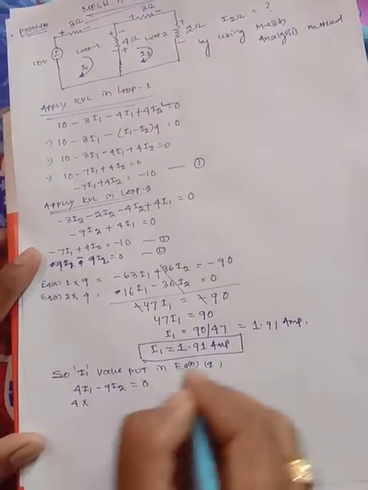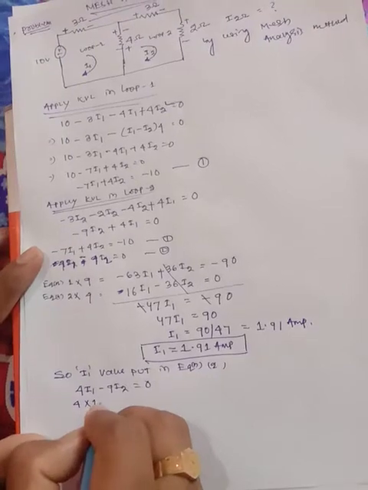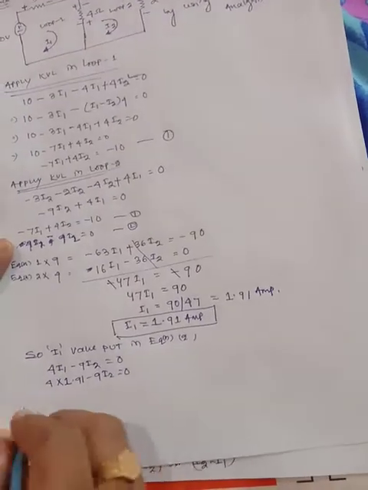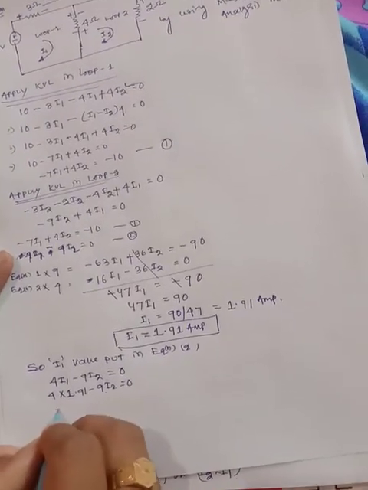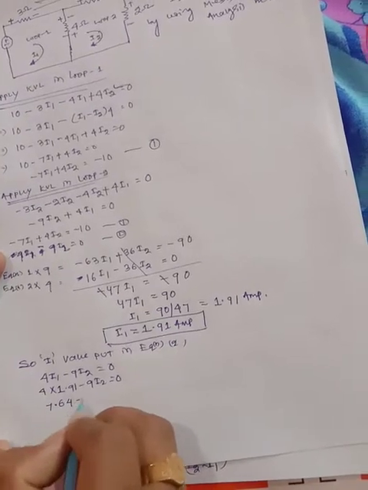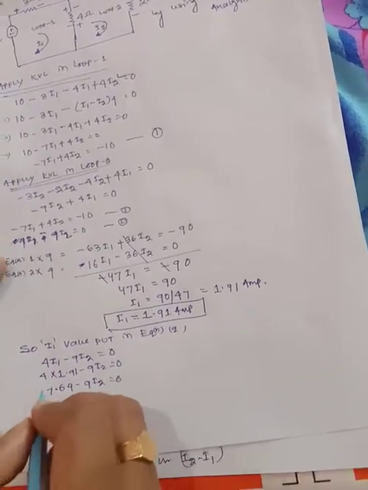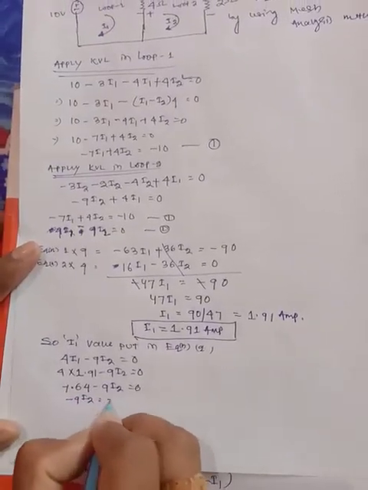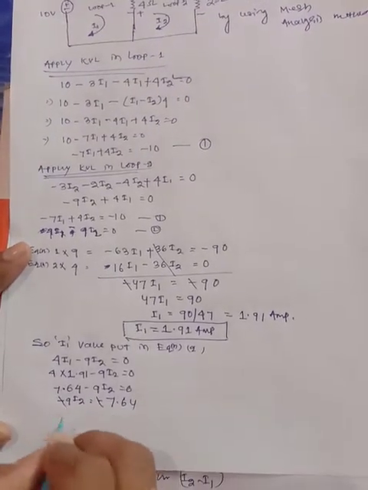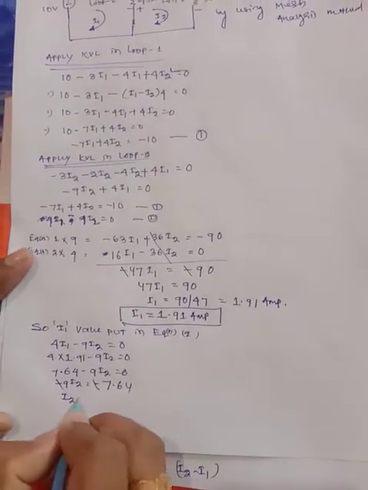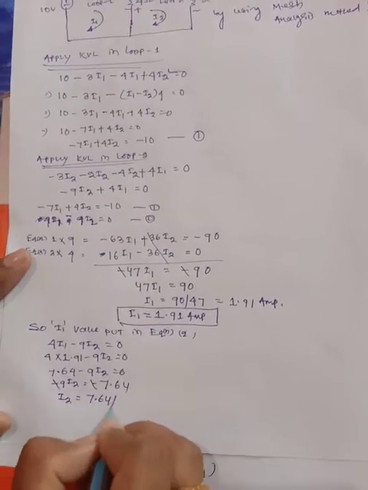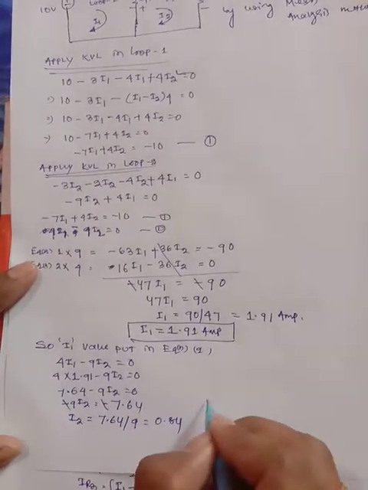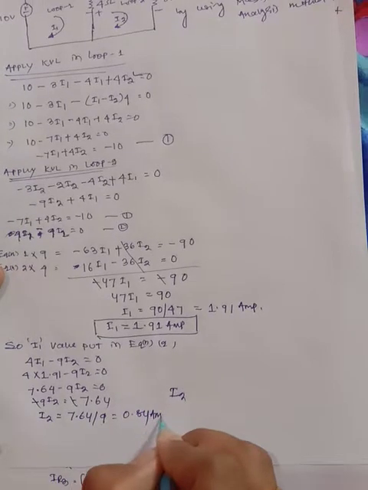So 4 into 1.91, that is 7.64, minus 9I2 equals 0. Minus 9I2 equals minus 7.64, minus cancels, I2 equals 7.64 divided by 9 equals 0.84. So we got the I2 value, 0.84 ampere.